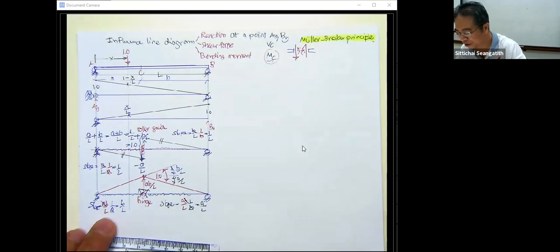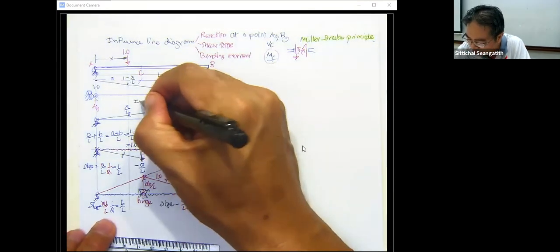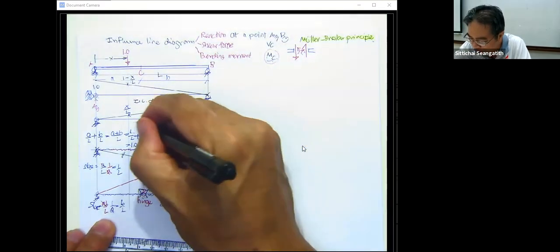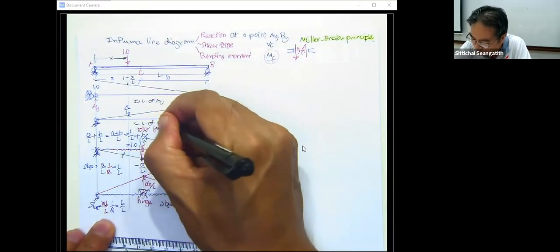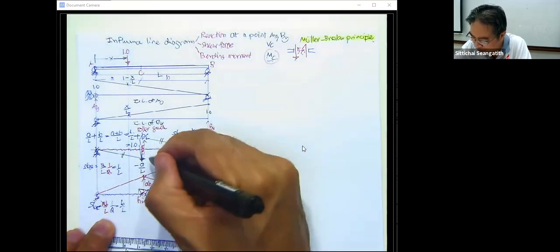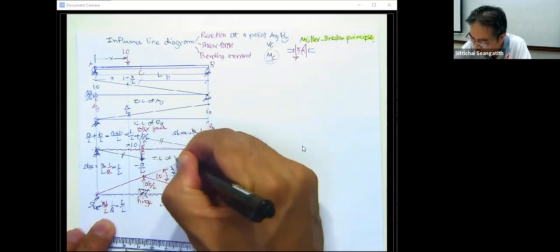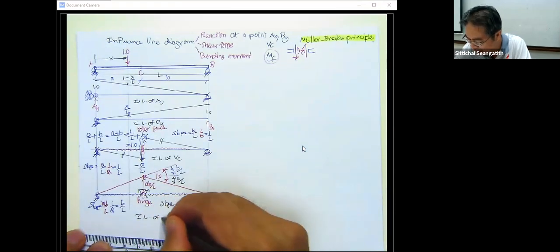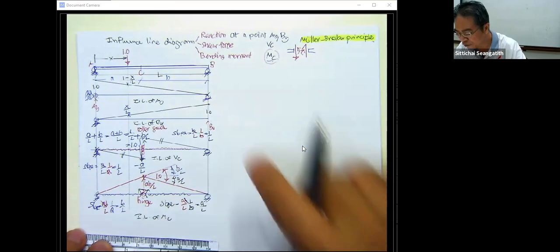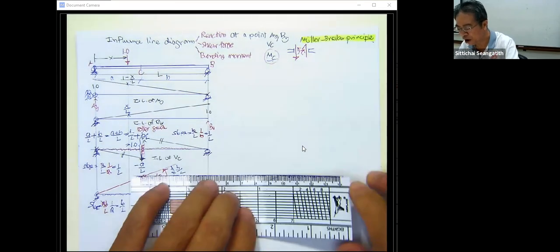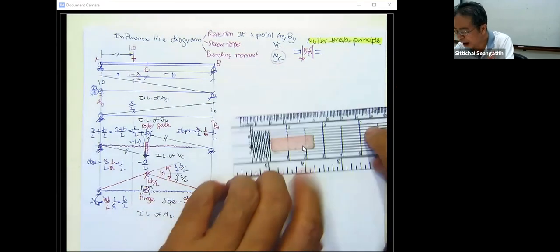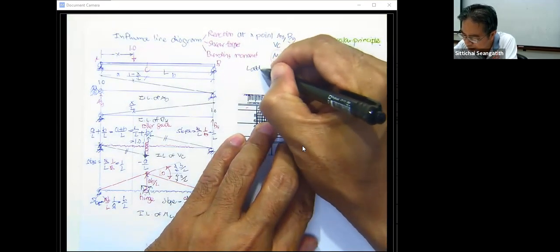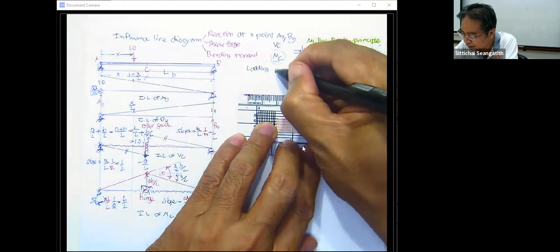Okay, that is the way we draw the influence line of A sub Y. This is for the influence line of B sub Y, this is the influence line of V sub C, and this is the influence line of M sub C. And we draw them for what? Again, we draw them for finding the loading pattern.